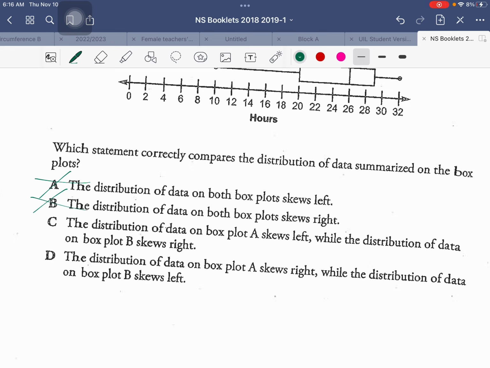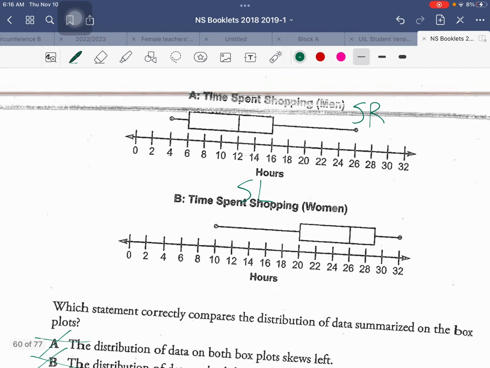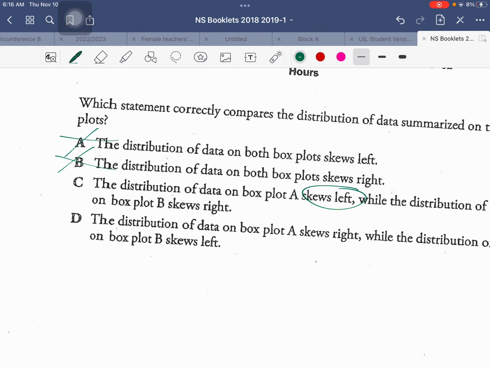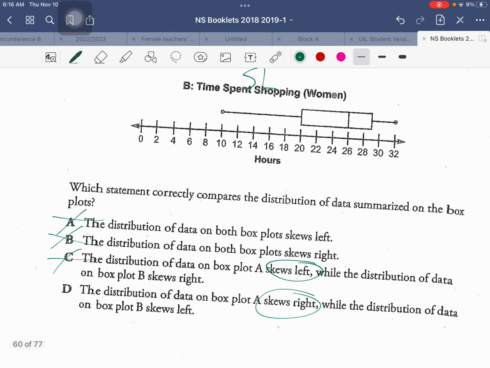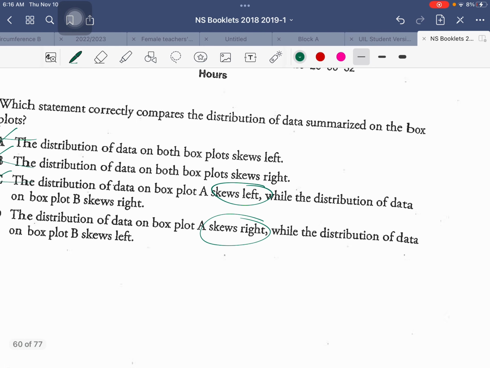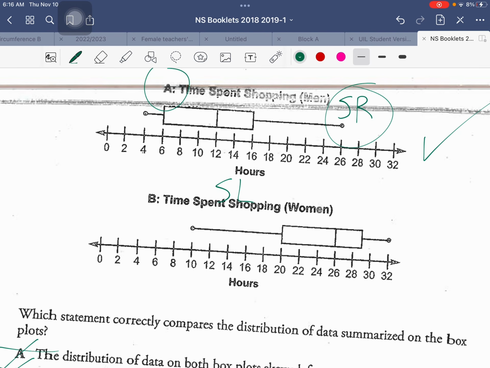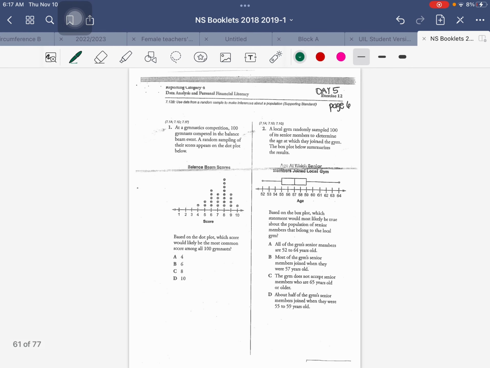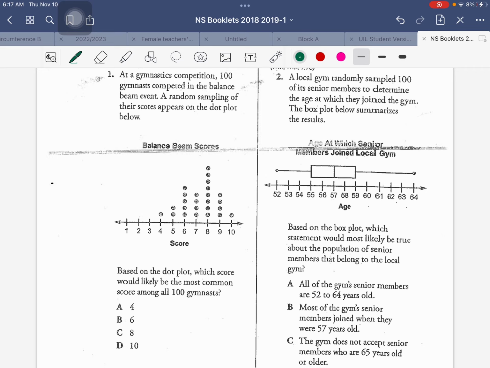A ver, box plot A skewed right. No, hombre, muy mal. Distribution of data box plot skewed right. Oh, that's true. And the distribution of data box plot skewed left. Oh, that is true. So that's your answer. Now, only the first ones required a little bit of information. These are getting easier, guys. Like, very, very easy.